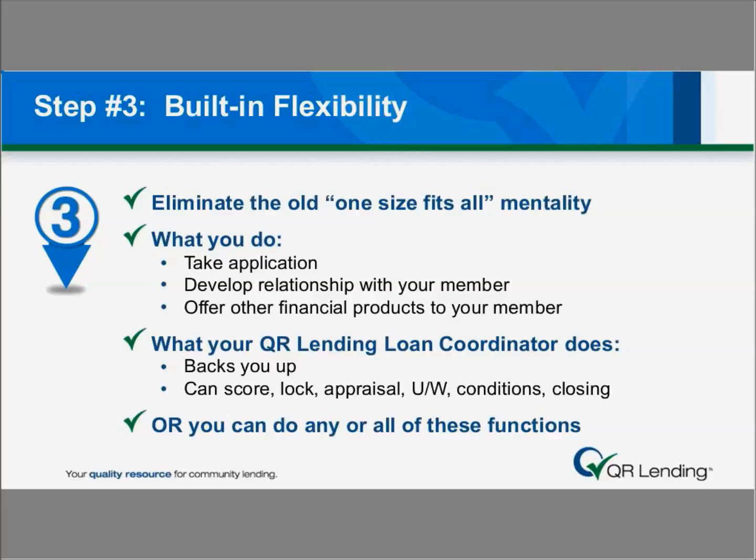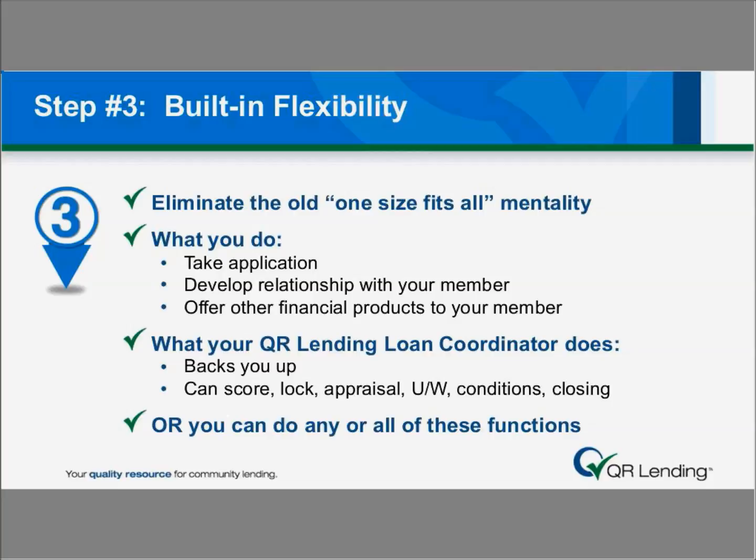Your loan coordinator backs you up every step of the way in the mortgage loan process. We can score your loan, lock the rate, handle the appraisal process, have the file underwritten, satisfy conditions, and schedule and coordinate the closing. Or you can do any or all of these functions if you wish.